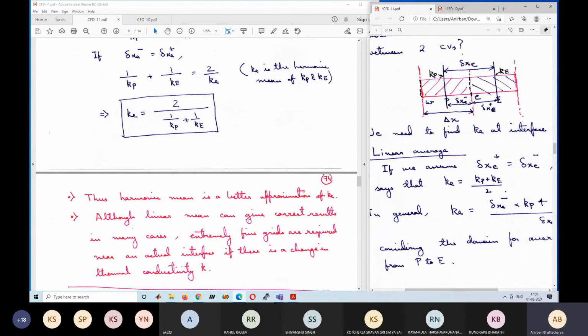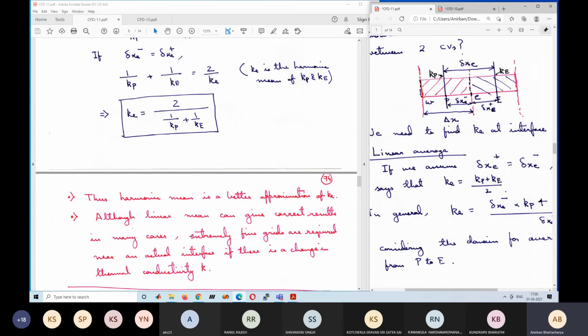But what happens is that if there is a sudden jump in conductivity, in most cases there is no sudden jump in conductivity, but there may be some material, like you are solving for a material where on one side there is metal and on the other side there is an insulating material. Okay, so there is suddenly a jump in conductivity from the insulating material to the metal. In those cases this linear mean will cause a problem.